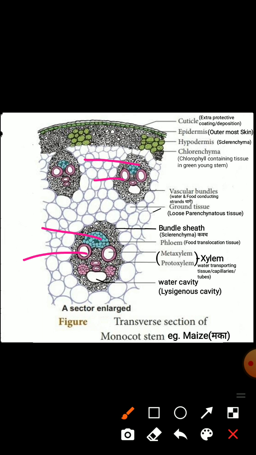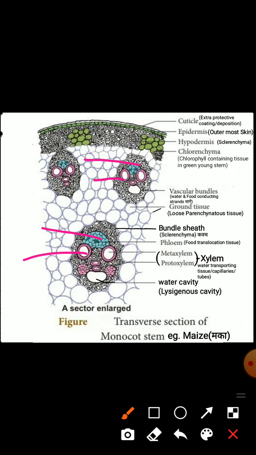Blue color is the phloem. Such an arrangement of xylem and phloem, one above the other, just like the steps of a building, we call collateral. The components of the vascular bundle, xylem and phloem, are collaterally placed one above the other.